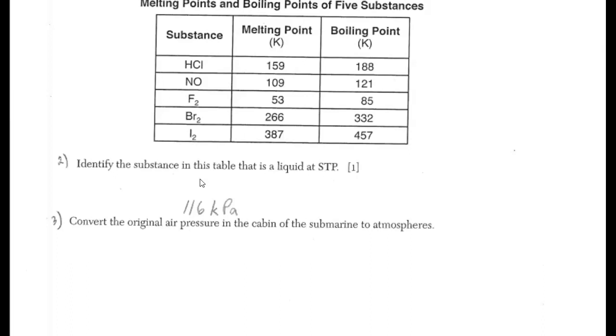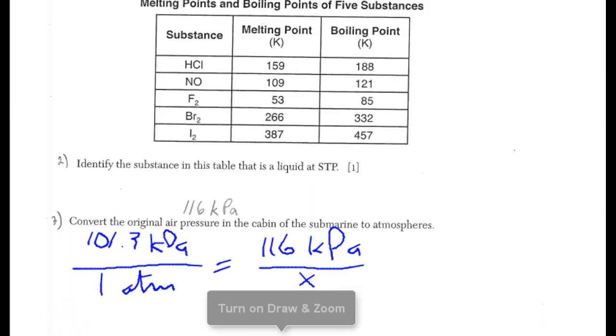Depending on your teacher, you might have set up proportions. You might have had a teacher that does conversion factors. Either way, you're going to get to the answer. So let's set this up then. Okay, so here's the setup to convert. 101.3 kilopascals over 1 atm in proportion with now 116 kilopascals over X. Yes, you just cross multiply and divide, and you get the answer.